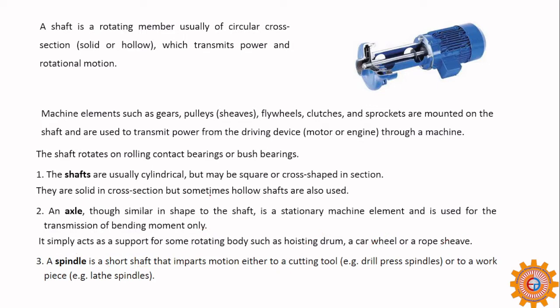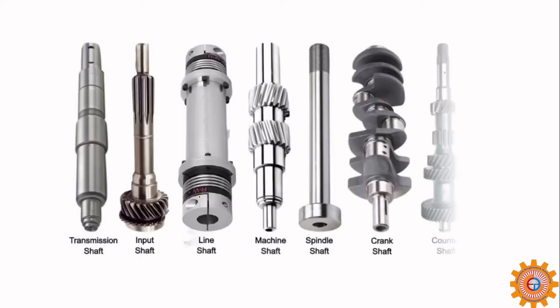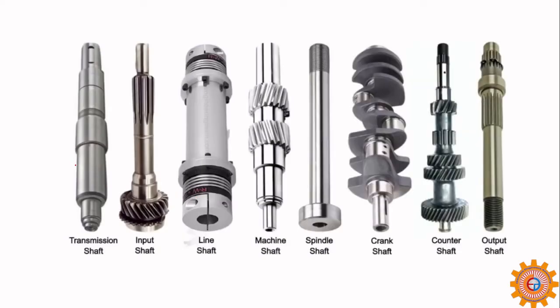Next one is types of shafts. These are the types of shafts. This may be the transmission shaft, input shaft and output shaft, which are used in gearboxes of vehicles. The other one is the crankshaft, also used in IC engines to move the piston through the connecting rod.